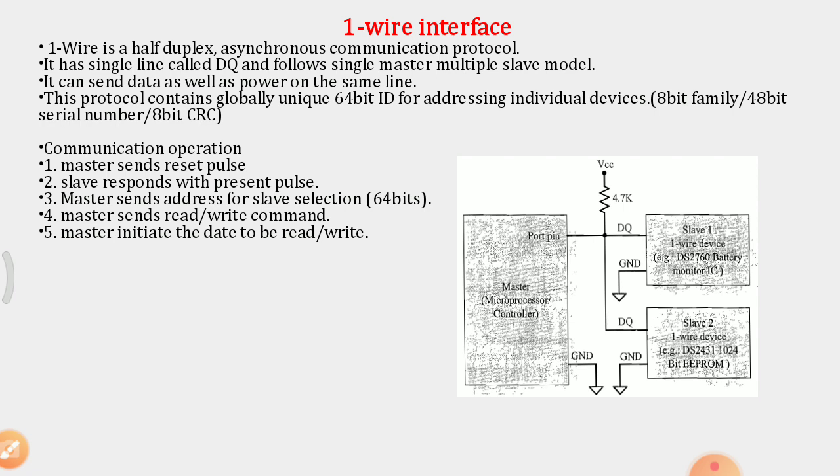As we have seen, there is a 64-bit unique ID, so the master first sends a 64-bit address to select a slave. Then the master sends a read or write command, whether it is going to read data from or write data into that slave. Then the master initiates the data read or write. So it can ask for the data or it can write the data. This is how the communication happens in the one wire interface bus.